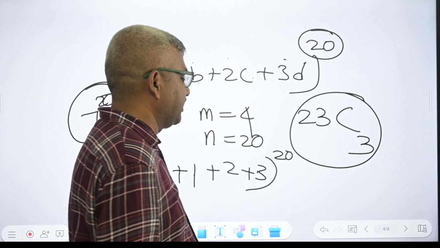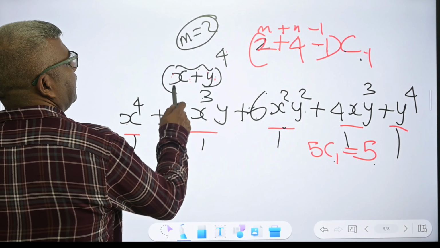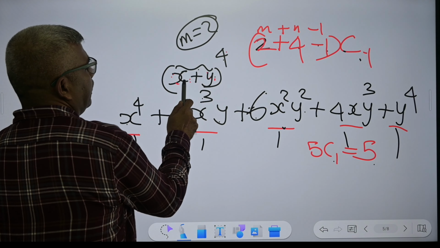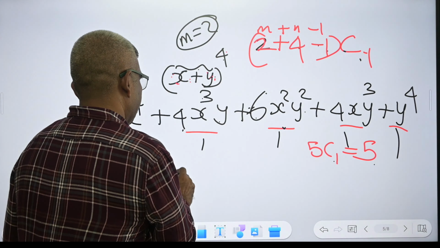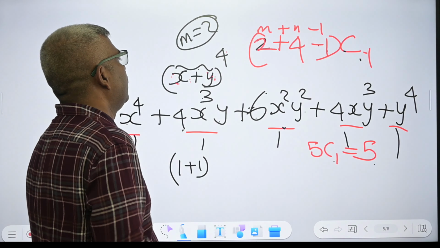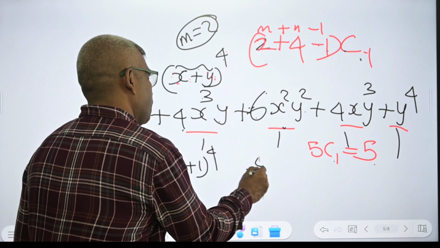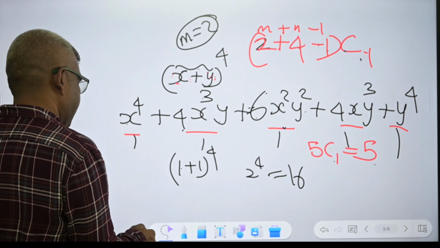We can see it in binomial. Here (x + y)^4, put 1 instead of x and 1 instead of y. So (1 + 1)^4, 2 power 4, 2 power 4 is 16. Here we can see it.